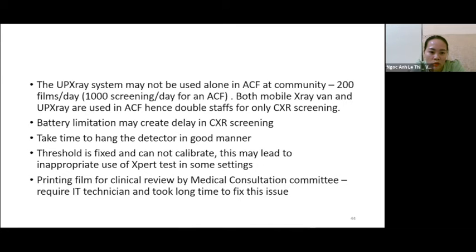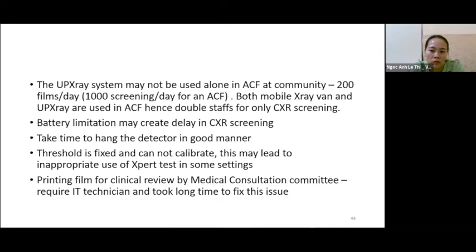And the last one is related to printing the film from the system. If a person has an abnormal jet X-ray film but doesn't have any physical symptoms, the national guideline requires that we print out the film and bring it to the medical consultation committee to review.